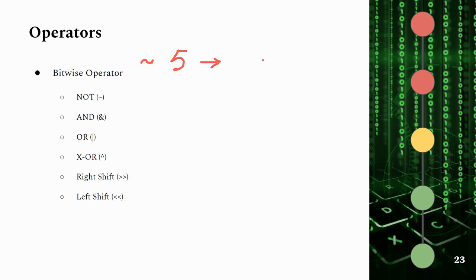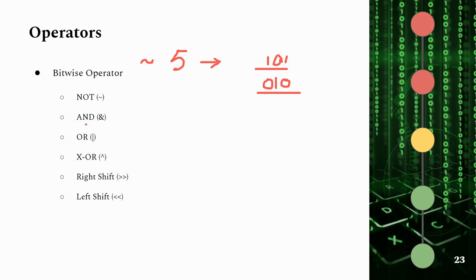The binary of 5 is 101, and then it will flip all the bits, making it 010. This is how it works actually. So 101 will be converted to 010.